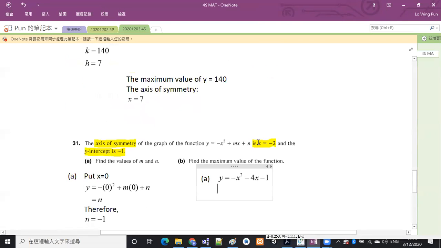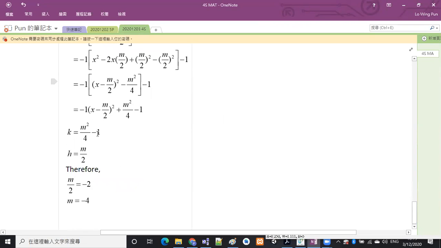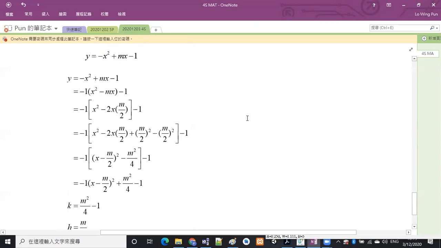And the maximum value of the function will be the k value. And we have already found the k value in terms of m. And also, we have already found the value of m. So we just need to substitute the value of m back into our k value expression. And then we can find the k value. And that will be the maximum value of the function.